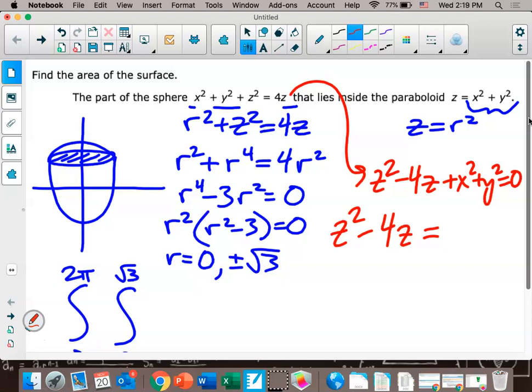Yes. Yeah, I probably converted that. But when I was solving for z, at that point I did. Let's see. So minus 2, 4.